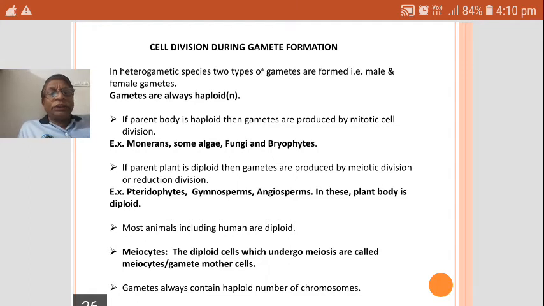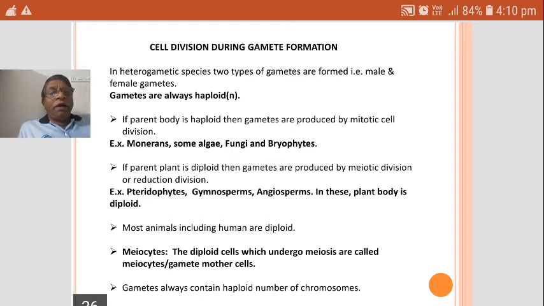The gametes formed are haploid. So, in pteridophytes, gymnosperms, angiosperms, during formation of gamete, meiosis takes place. Okay.